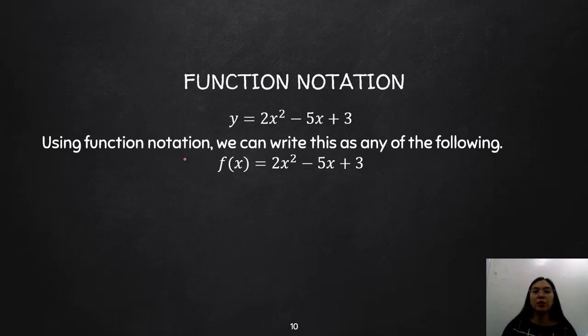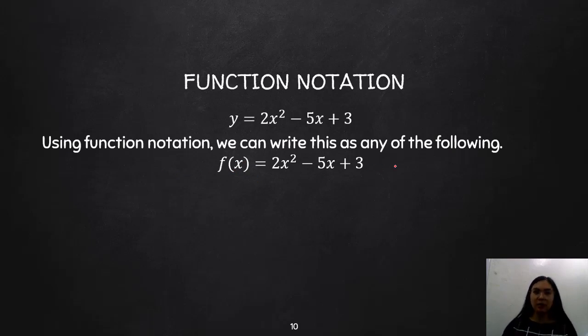I believe you are familiar with this particular notation. So this is simply read as your f of x, which is also equivalent to y. Parang minsan kasi it's very convenient to write this, especially if we wanna put in the value of x that you want to put in the equation.